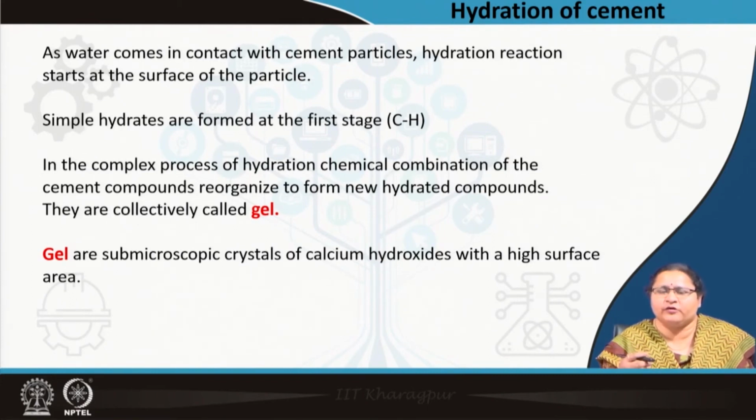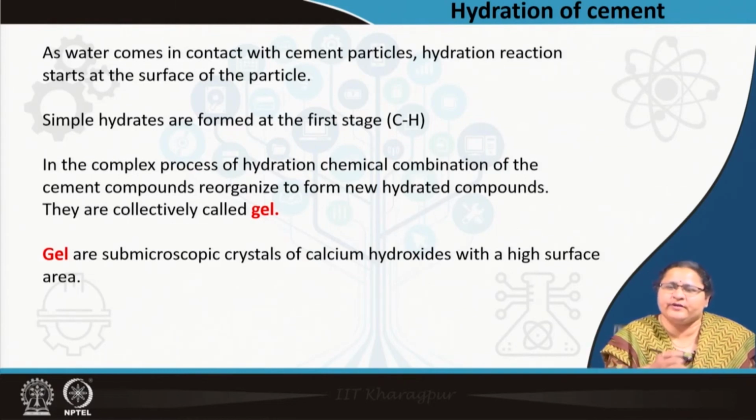You get a series of hydration reactions, and collectively this is called hydration, and they have high surface area. Why do you need this surface area? Because if you remember, the sand particles are all surrounded by this cement gel. And if you remember, when we discussed sand, we discussed clay.